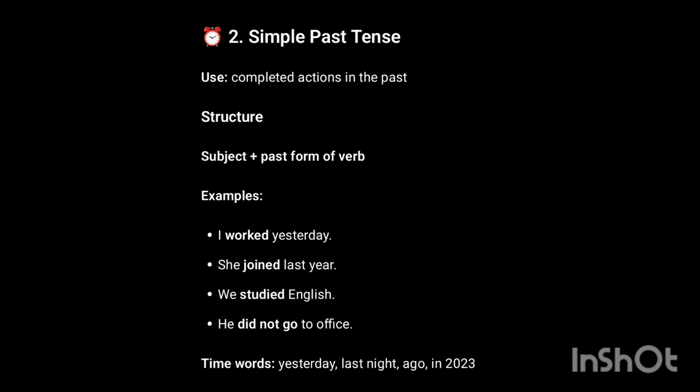Okay. If you are talking about the action, you do not use any be verbs like was and were. You just use the simple past verbs, like I drove the car, she traveled to Canada, or I won the match.